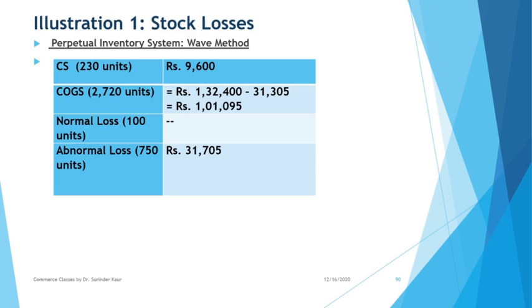So this is how you will give your final answer. Now if in this question we are given selling price or sales, we can determine net profit also. And you can very well see here, closing stock is valued as per the rule, cost of goods sold is taken up, normal loss is nil, and your abnormal loss is measured.